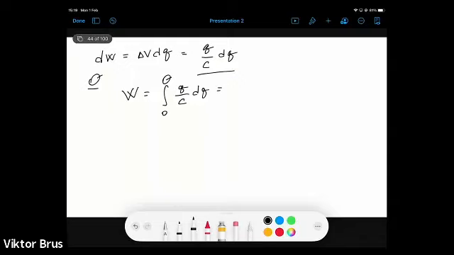So what is the factor which defines capacitance of any capacitor? It's geometry.